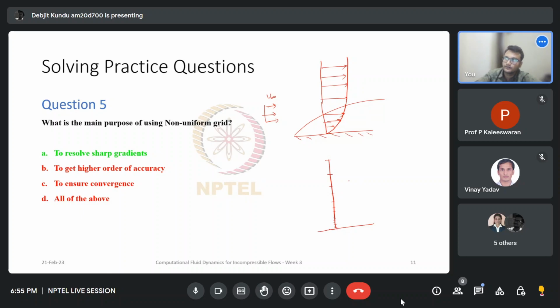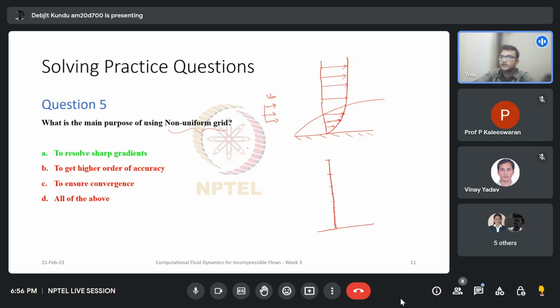So this is why a non-uniform grid is necessary in order to resolve the sharp gradients which are locally present, not everywhere. If my entire domain had sharp gradients, then using a non-uniform grid won't make sense. But if there are locally present sharp gradients, then in order to resolve them, a non-uniform grid becomes handy.